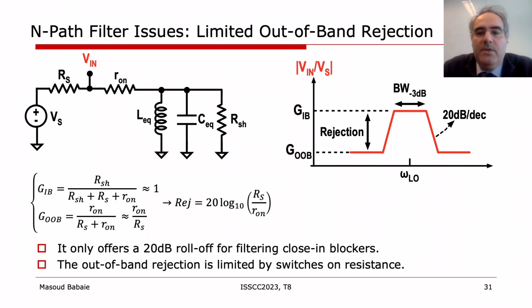With RS of 50 ohm and R-on of around 5 ohm, we can get only about 20 dB of out-of-band rejection. Of course, to achieve higher rejection, we need to reduce R-on by using larger switches, which in turn increases the power consumption of LO drivers and increases the LO leakage to the antenna.